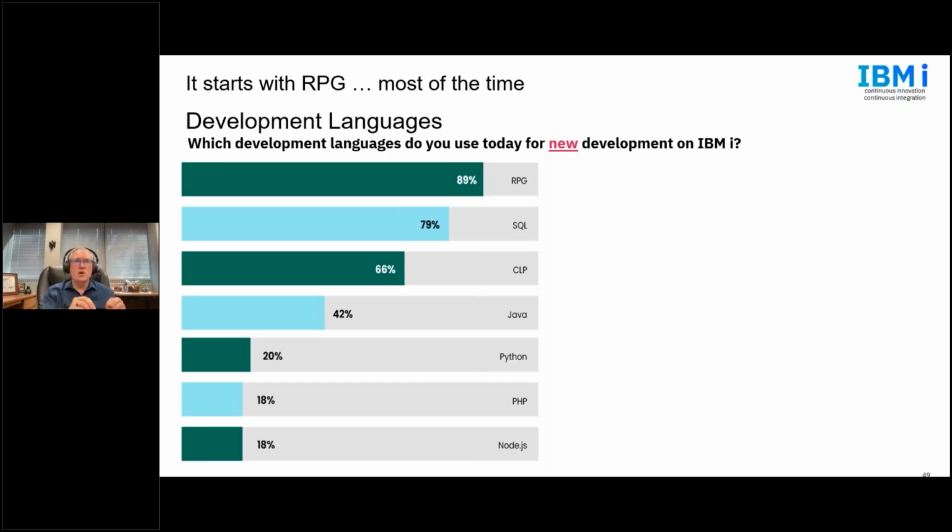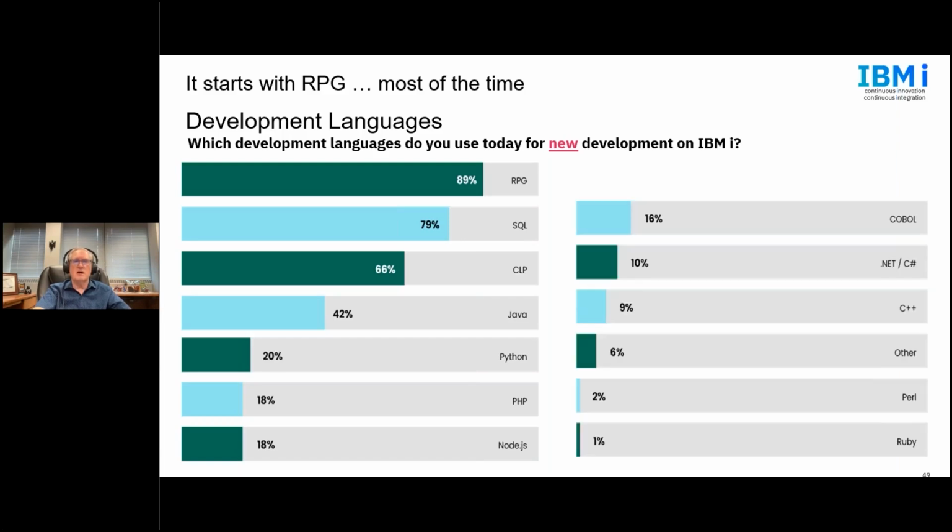People can use RPG for new development, but they are also using other languages like Python, PHP, and Node.js because our strategy is give you options, use the language that makes sense for the part of the workload that it fits best with. Okay, so thank you for answering the questions year over year because we are able to see how much the adoption of various technologies is taking off.